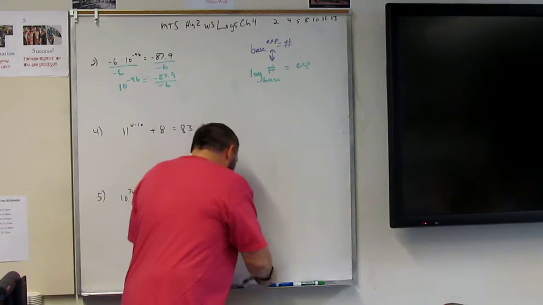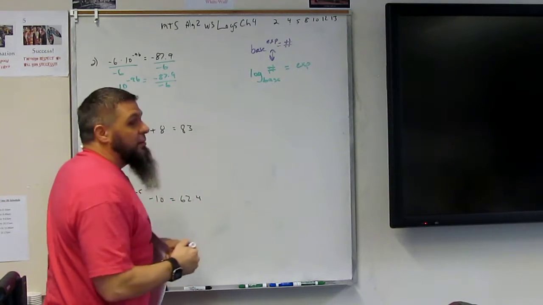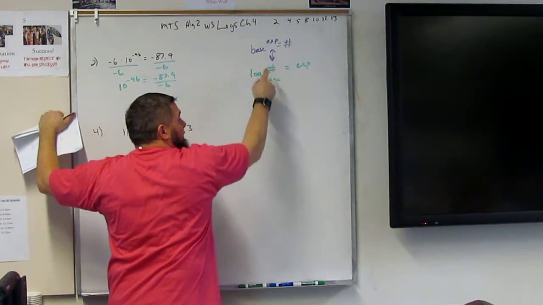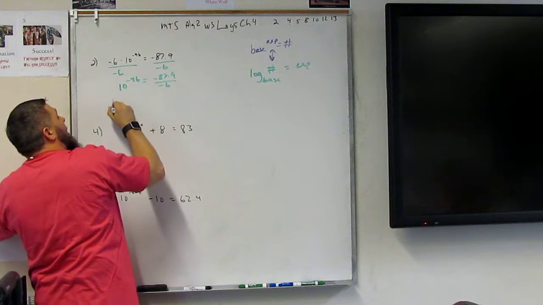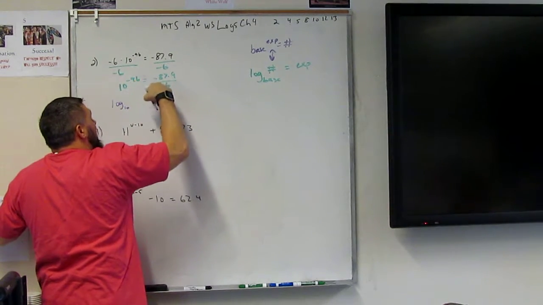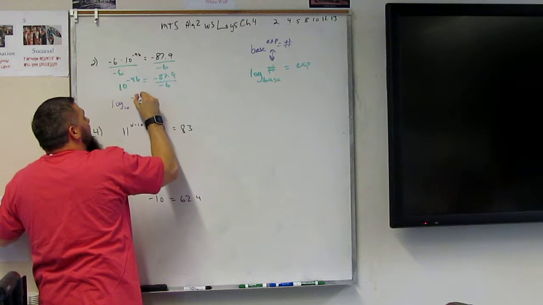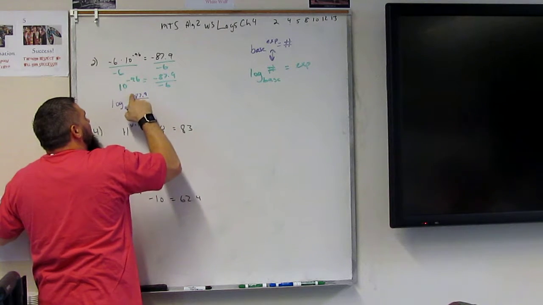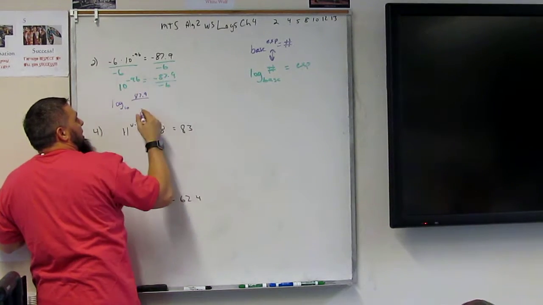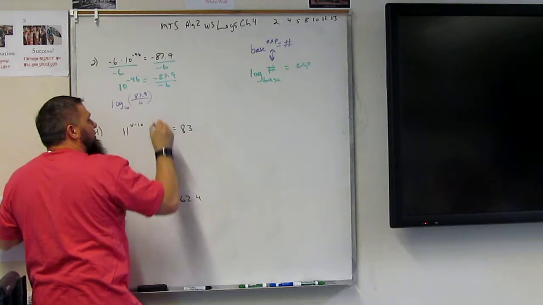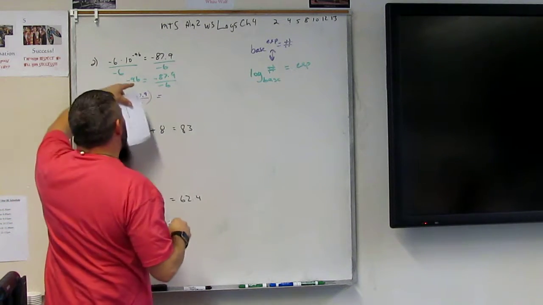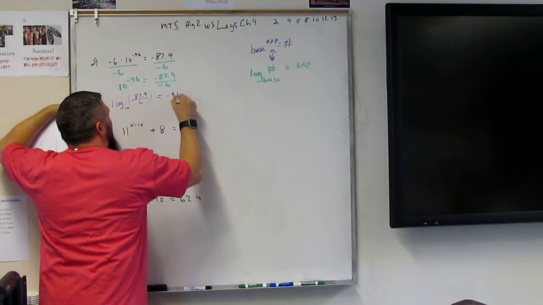Now, from there, I put it from base form to log form. Log base 10 of the number negative 87.9 divided by, so there are two negatives, I'm just going to get rid of the negatives. 87.9 divided by 6, okay, is equal to the exponent, negative 9b.